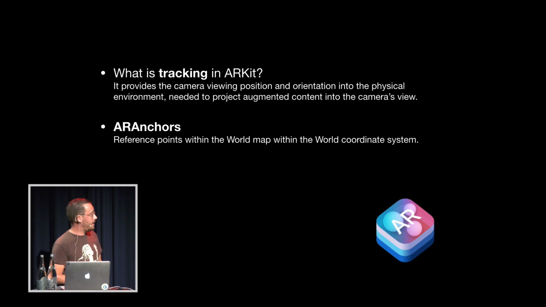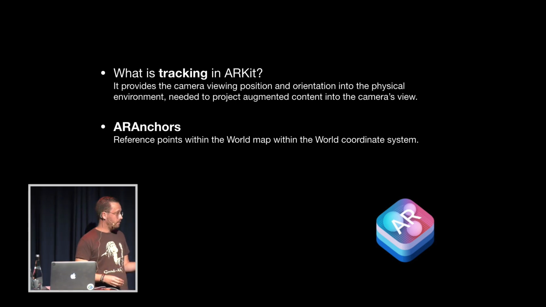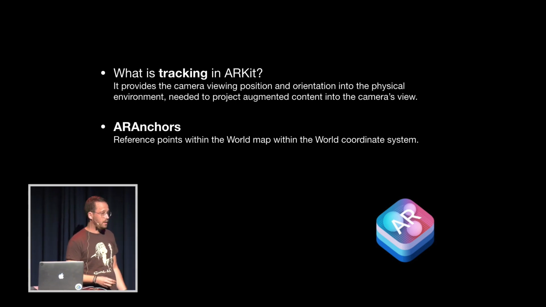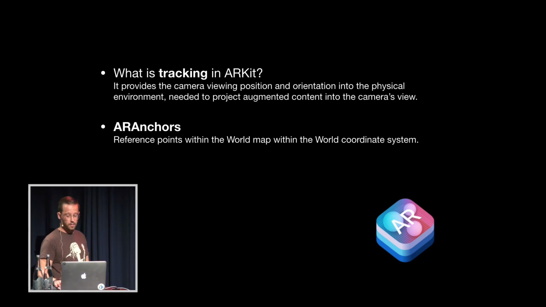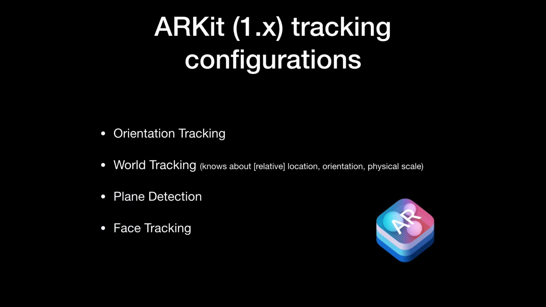And AR anchors are basically what helps us do it. That is how we know where the thing we're tracking is relative to the camera. A small continuation of the intro: ARKit 1 and 1.5 had a couple of tracking configurations.